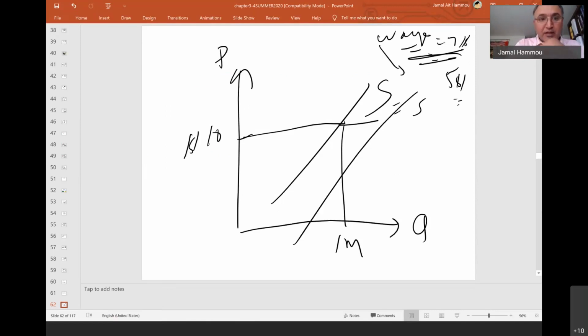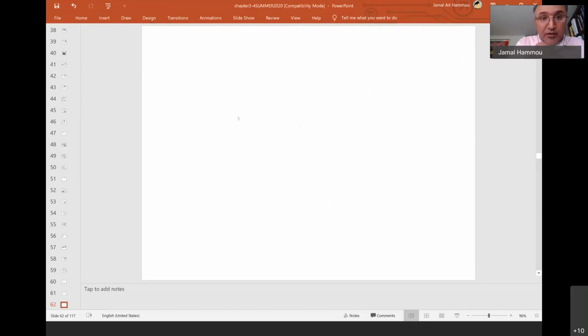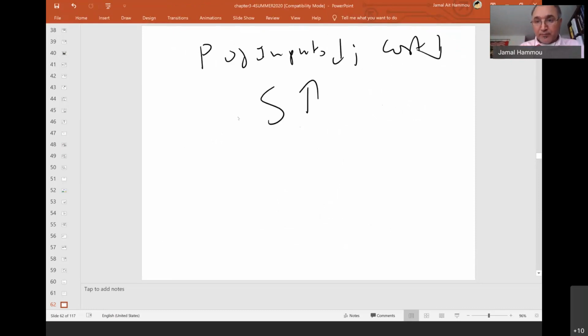So the price of inputs, our cost of production, has a negative relationship with the supply of the good. If the price of inputs goes down, the cost of production goes down, which means the supply of the good will go up.